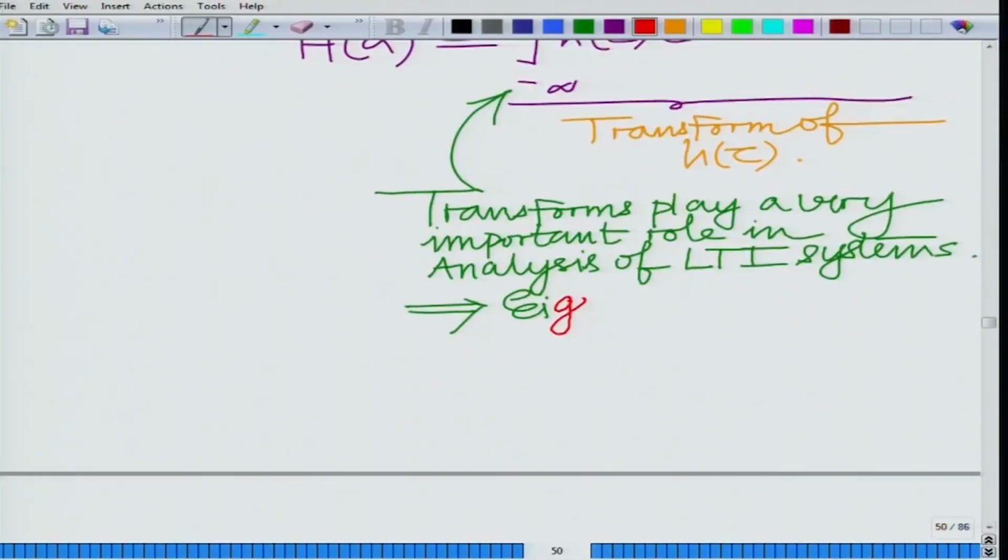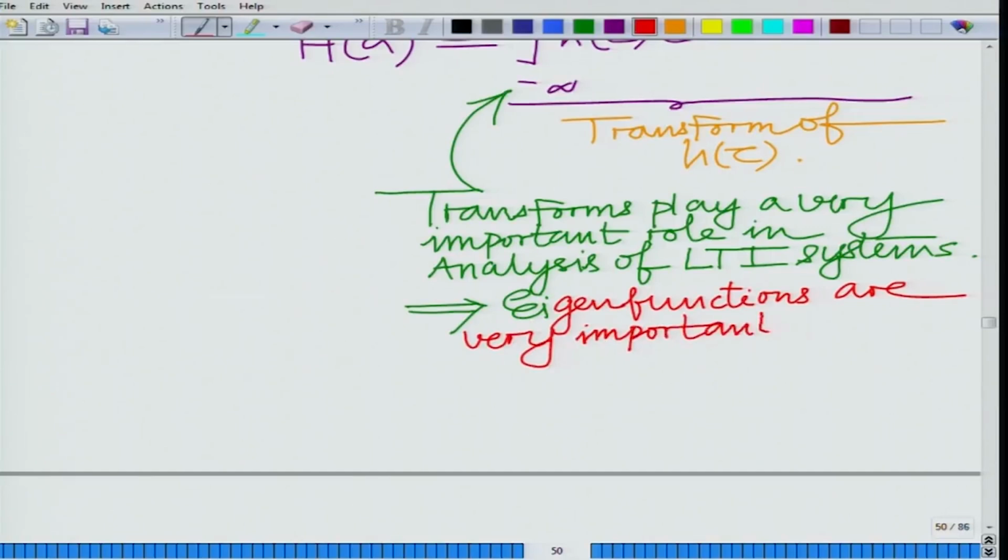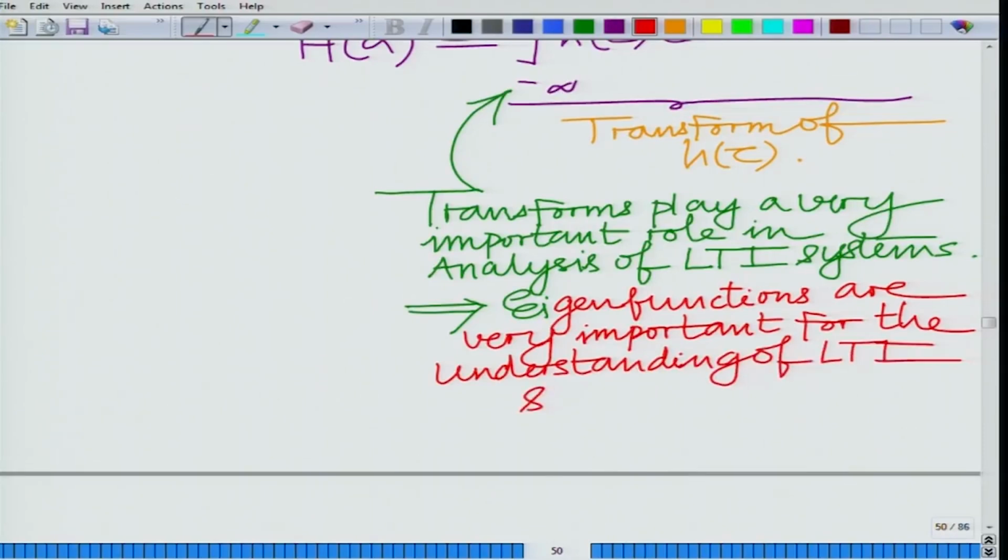So, eigenfunctions are very important for the understanding of LTI systems.